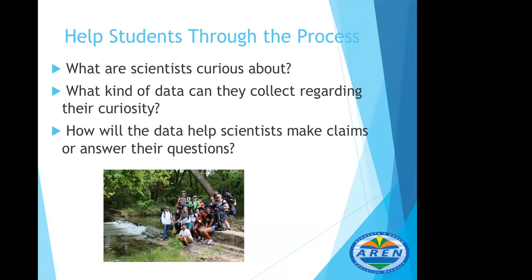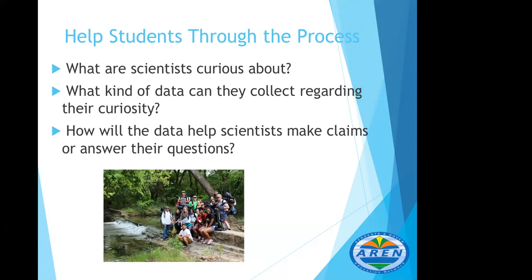And then if you think about what are you curious about, or what are scientists curious about, and what might you want to investigate, is what kind of data could be collected that would deal with this curiosity. So I might be curious about something, but if I have no way of figuring out how to collect any kind of data, how can I do an investigation?